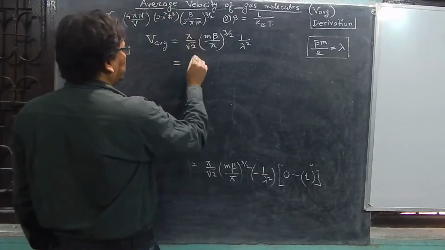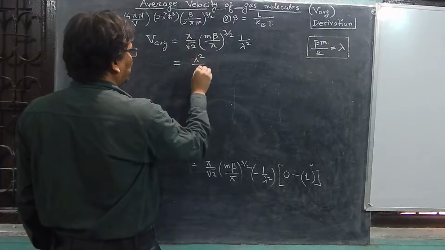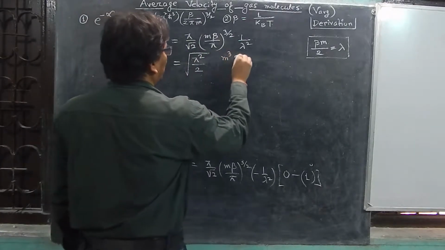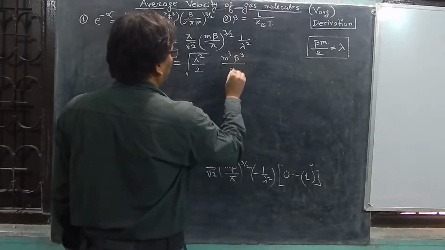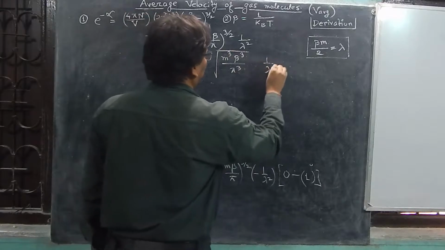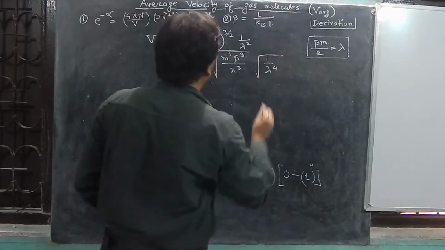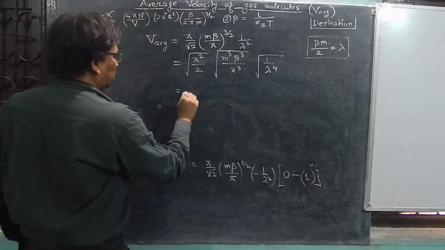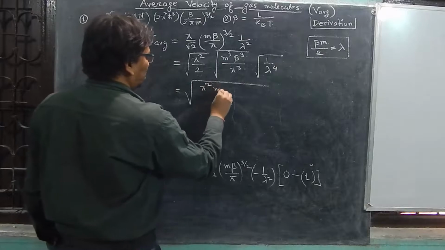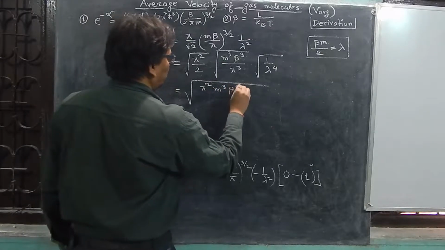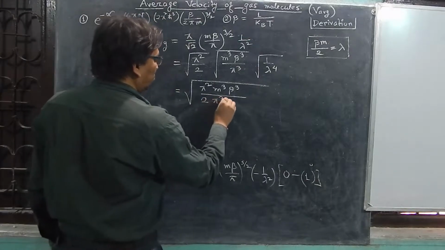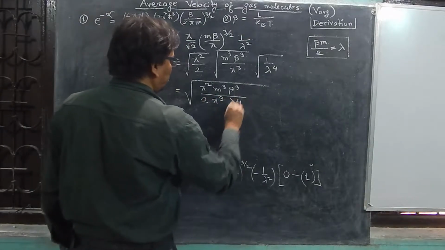So let me do this: pi square by 2 under the root, m cube beta cube pi cube under the root, and 1 by lambda to the power 4 under the root. We have taken everything under the root so that the calculation becomes easy. So this will be pi square m cube beta cube divided by 2, pi cube and lambda to the power 4.